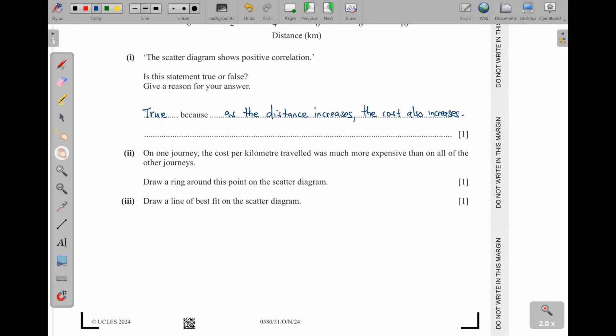And then they're saying draw a line of best fit on the scatter diagram. To draw the line of best fit on the scatter diagram, you are supposed to balance the points. Balance the points not on the line, above and below the line.